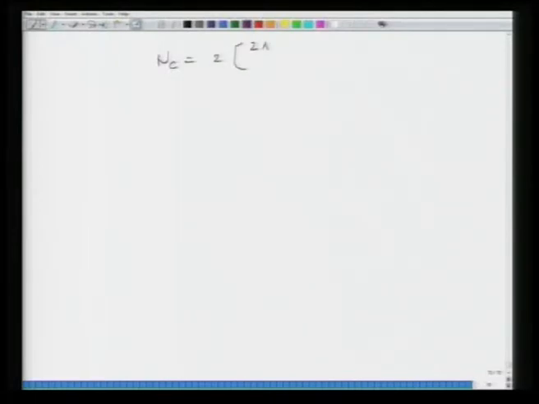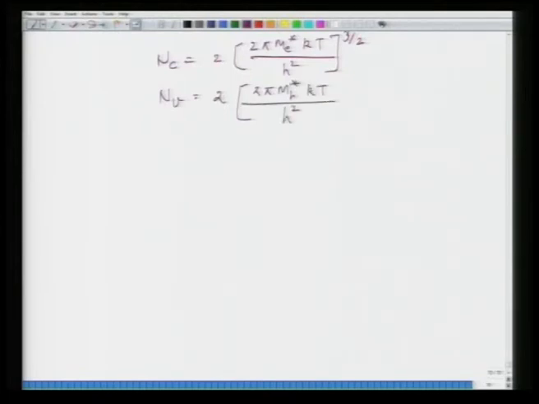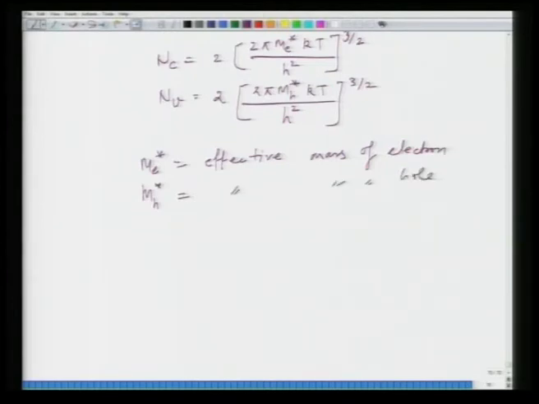And NC and NV values are given as NC is equal to 2 into 2 pi ME star KT divided by H square to the power 3 by 2, and NV is equal to 2 into 2 pi MH star KT divided by H square to the power 3 by 2, and ME star and MH star are the effective mass of electron and the effective mass of hole, and K is the Boltzmann constant, H is Planck's constant.